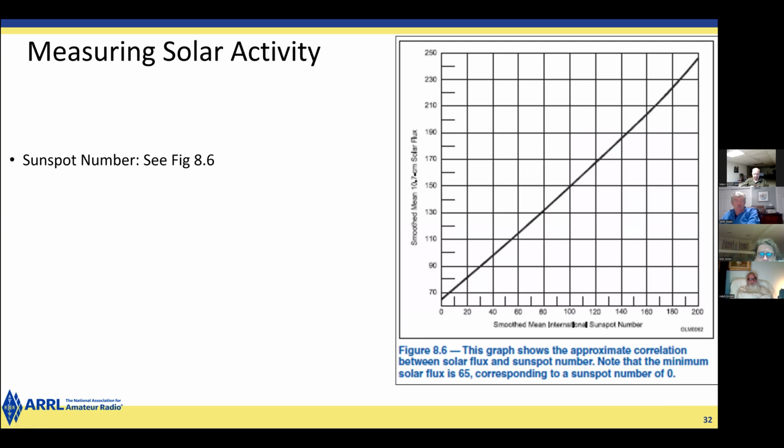I was talking earlier about the correlation between the smooth sunspot number and the 10.7 centimeter solar flux and the total radiation from the sun that impinges on the Earth.